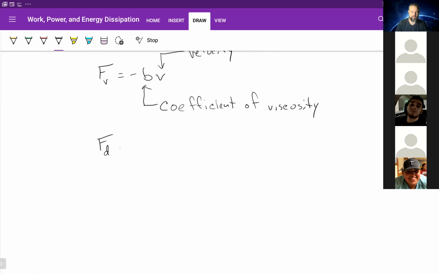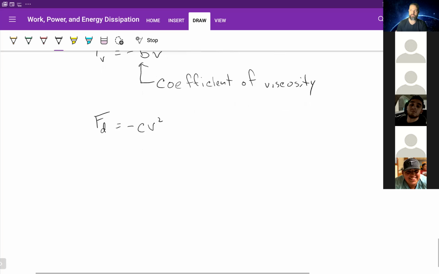And then we have the drag force, and that's going to be equal to negative CV squared. Anybody who's watched things like Fast and the Furious knows what drag is. Anybody who's into car racing knows how important this can be for vehicles. Whenever we're trying to gain speed, we want to reduce the drag on the car, so that all the energy is used to move forward.